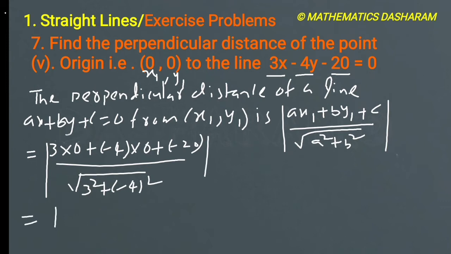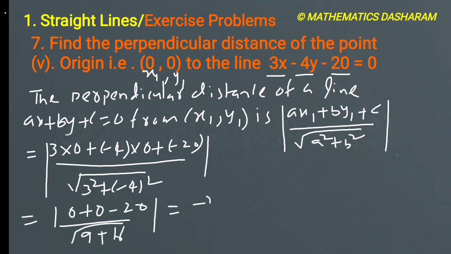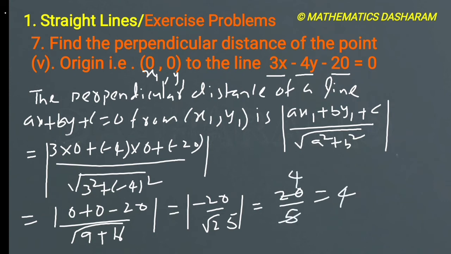So it is equal to 0 plus 0 minus 20, divided by 3 square 9, 4 square 16. So minus 20 divided by under root 25. So it is equal to 20 divided by 5, 5 ones are 5, 5 fours are 20, so 4 units is the answer.